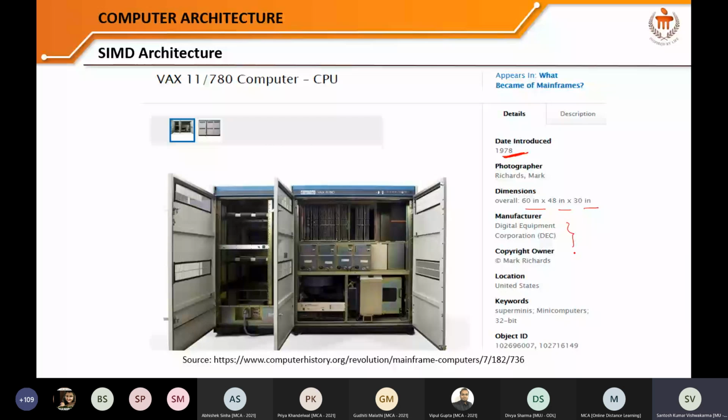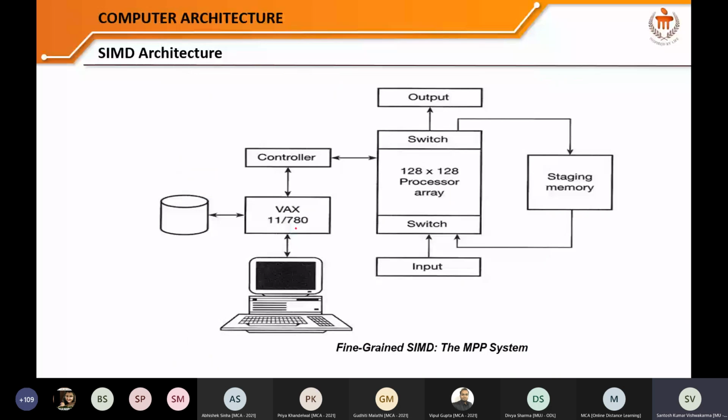Now this VAX has been used over here, and in terms of that, you can see if we have a large array of processors, we may have two memory instances over here.